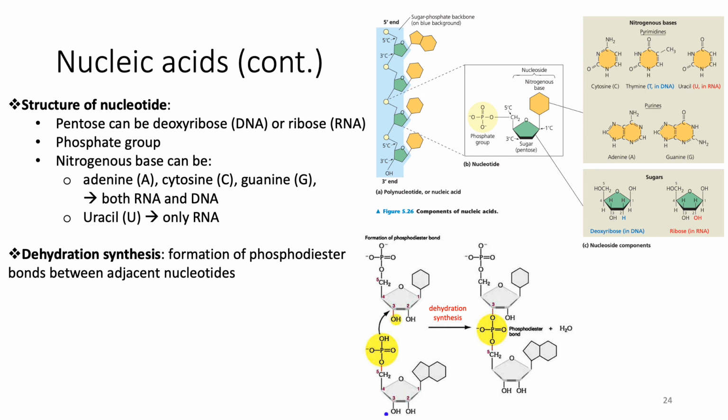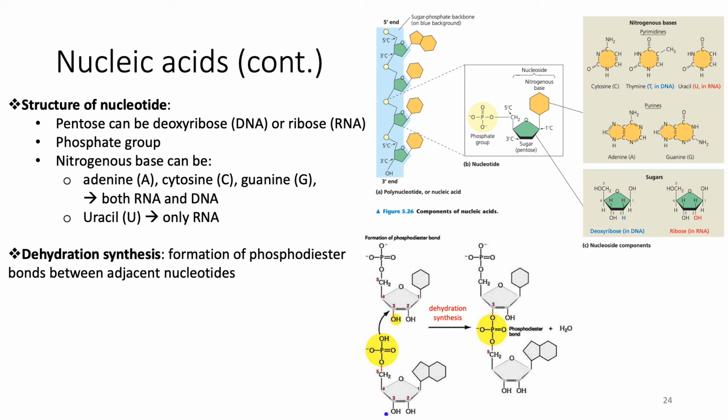To complete the construction of a nucleotide, we attach 1 to 3 phosphate groups to the 5' carbon of the sugar. The carbon numbers in the sugar include the prime symbol. Now we have a complete nucleotide, which includes a nitrogenous base, a sugar, and a phosphate.